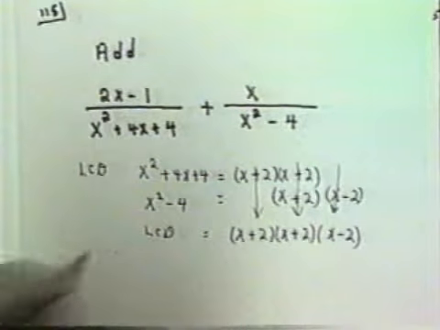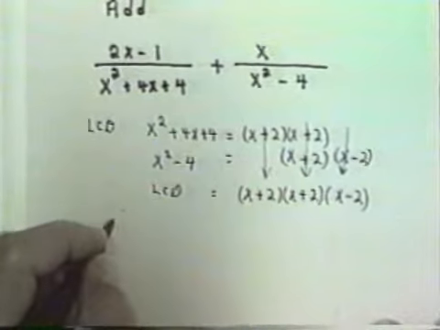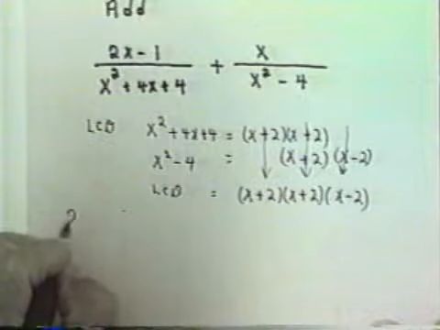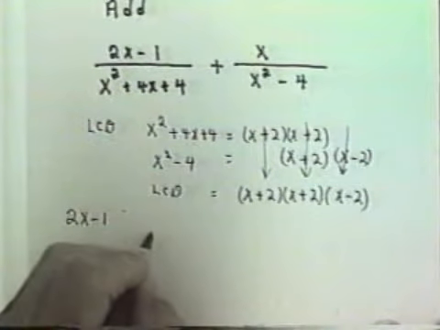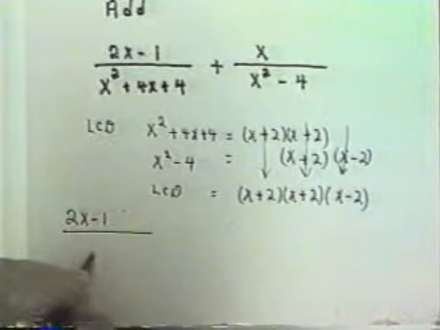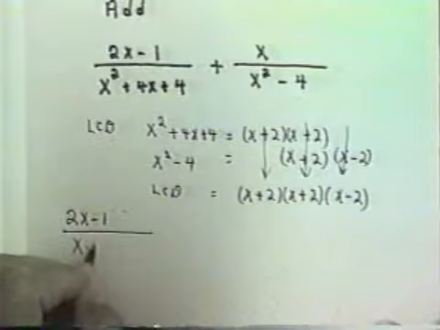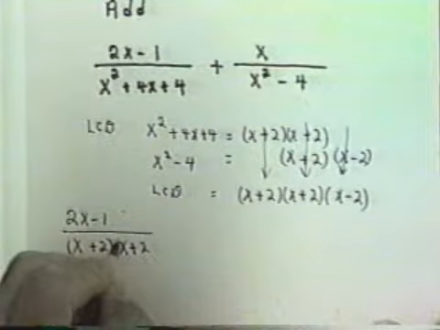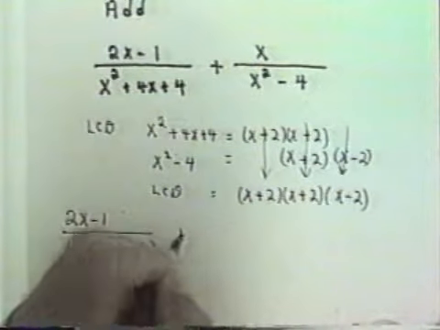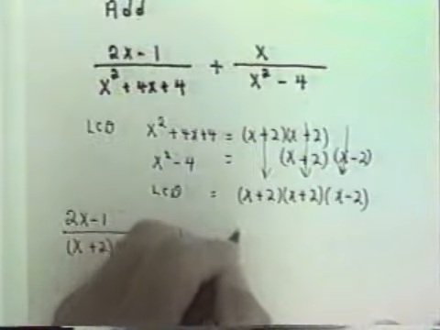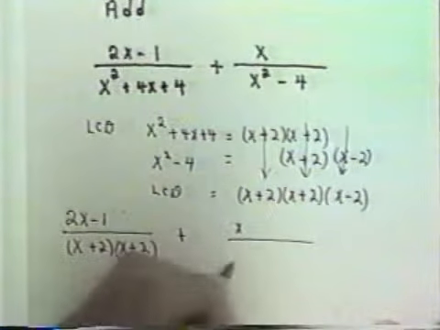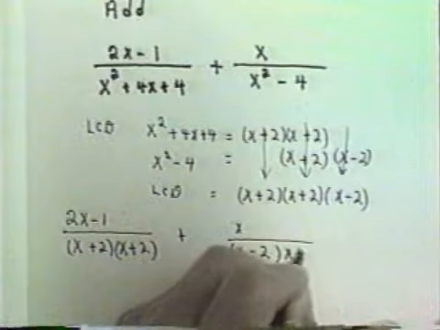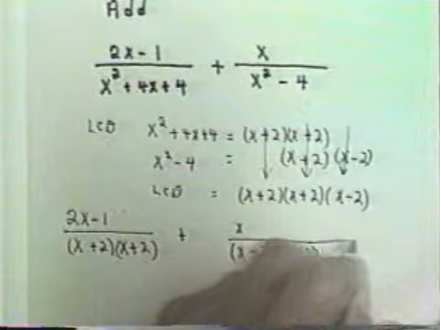Now I'm simply going to rewrite my problem and leave space to multiply. So I have 2x minus 1 over, and I'm going to leave the denominator factored, x plus 2 times x plus 2, plus x over x minus 2 times x plus 2.